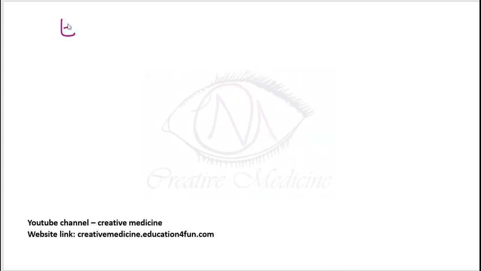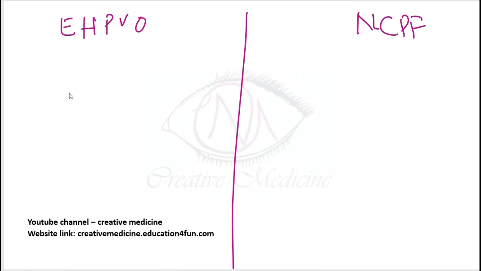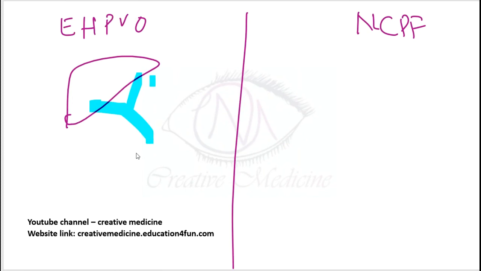Next, the differences between extrahepatic portal vein obstruction and non-cirrhotic portal fibrosis. In extrahepatic portal vein obstruction, the problem is in the portal vein. There is obstruction of the portal vein anywhere in its course, mainly involving the first and second order branches.